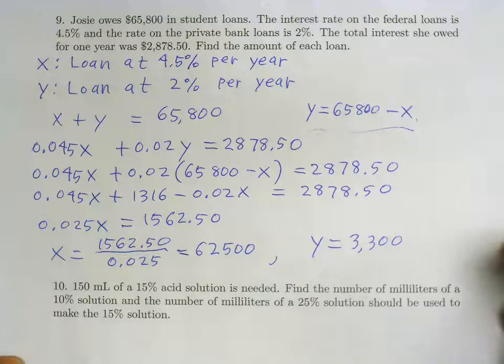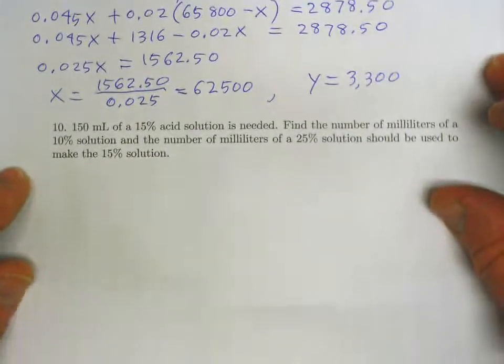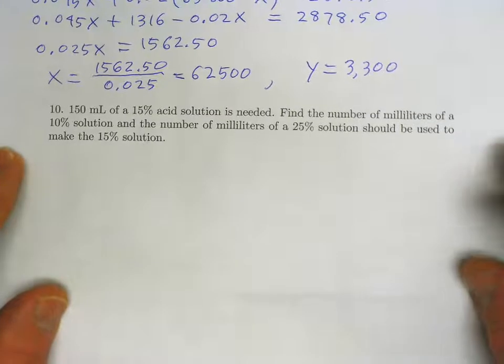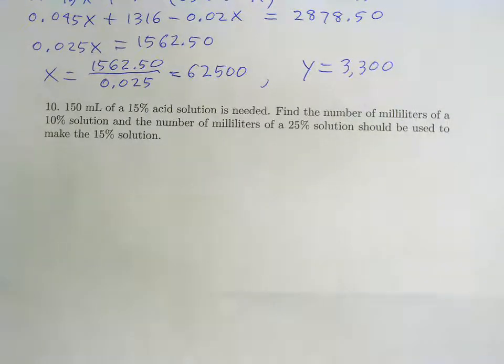Okay, and the next example, number 10, this one says 150 milliliters of a 15% acid solution is needed. Find the number of milliliters of a 10% solution and the number of milliliters of a 25% solution that should be used to make the 15% solution.